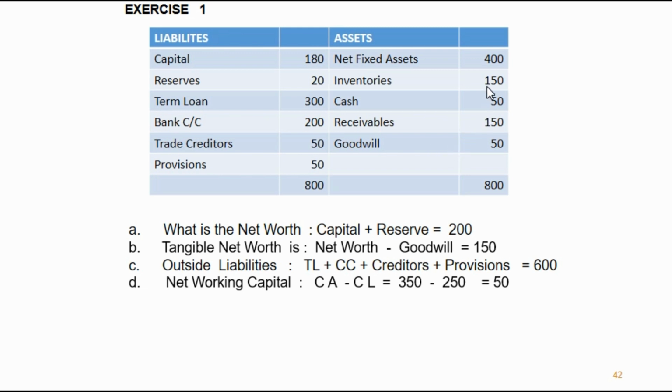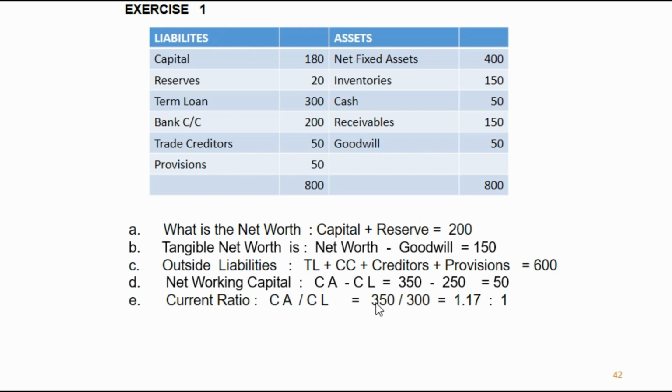So inventories will form part of current assets, cash will form the current assets 200, and receivables 350. So 350 is current assets. Let's calculate current liabilities. Current liabilities will include 200 plus 50, 250. So 350 minus 250, it should be 100.